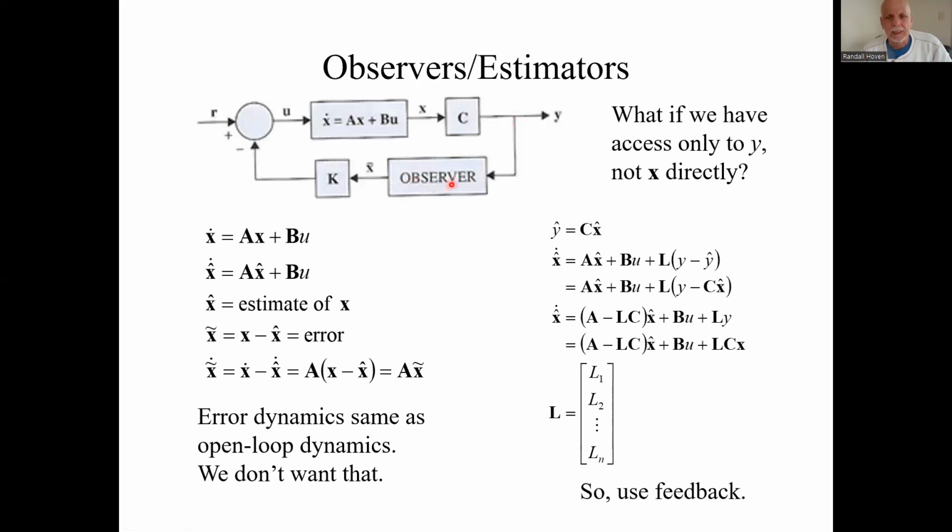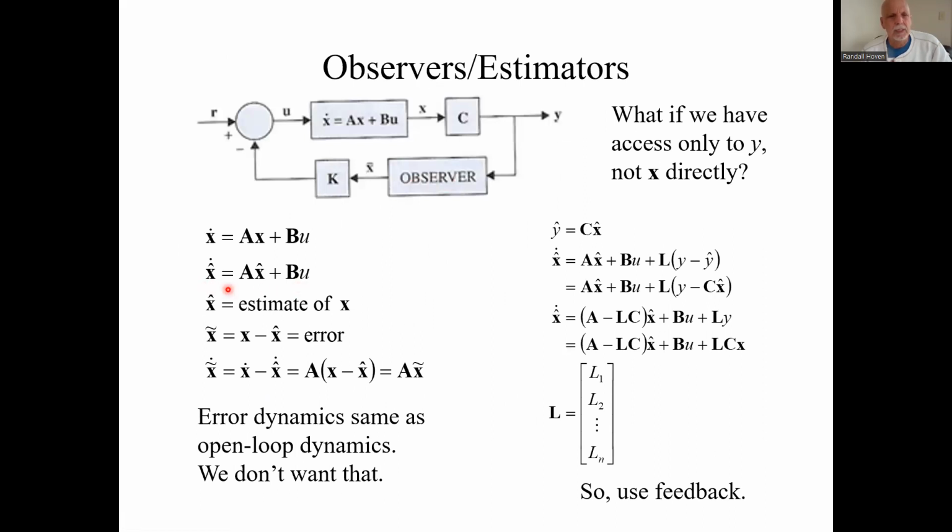Its input is the output of this system, and the observer's output is X hat, which is its estimate of the state vector X. This X bar should be an X hat. And actually this U should feed into this observer.